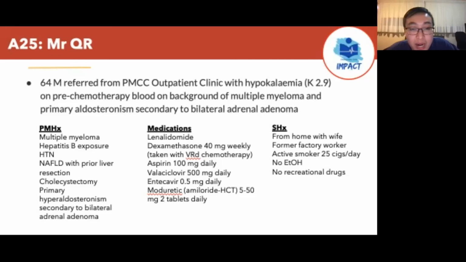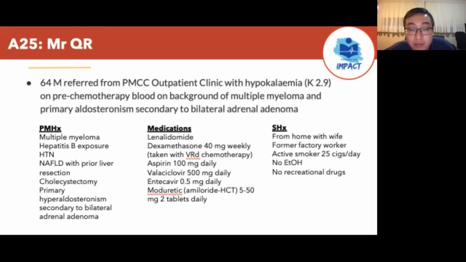So, quite an interesting past medical history. So multiple myeloma, has been exposed to hepatitis B on entecavir for it, has hypertension, has NAFLD with prior liver resection, has had a cholecystectomy, and has proven primary hyperaldosteronism that's secondary to these bilateral adrenal adenomas.